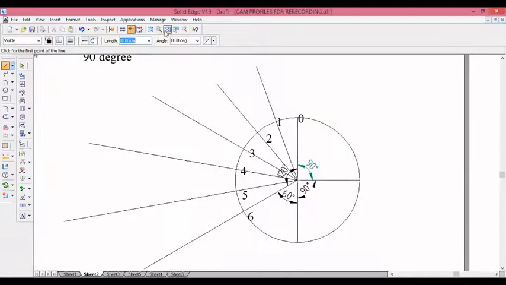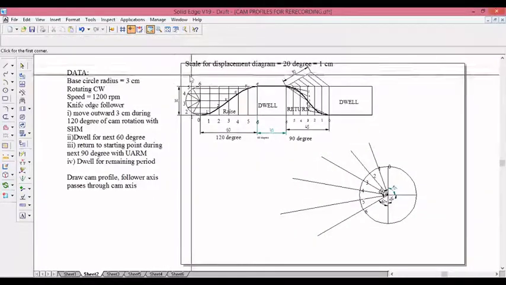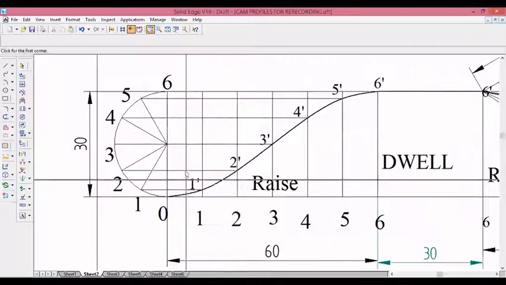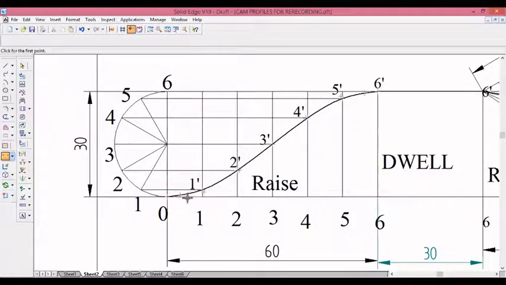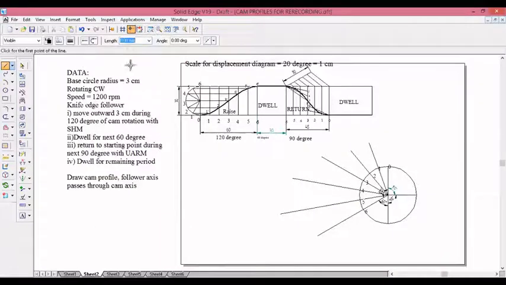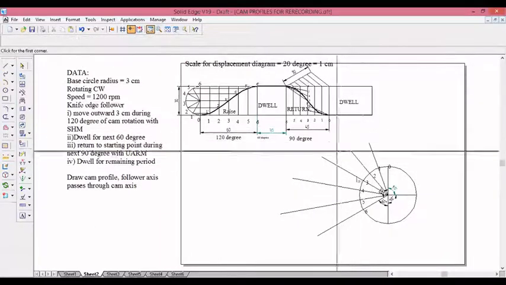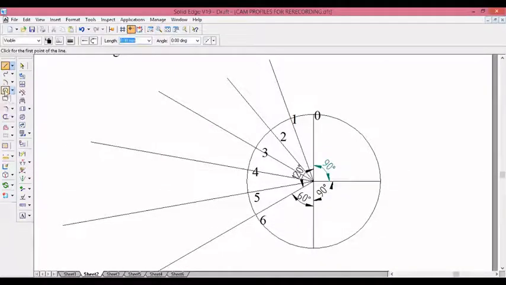Now we need to take the measurement from displacement diagram. We need to measure 1 to 1 dash. Keep compass leg at this 1 and touch the pencil to 1 dash. It's 2.01 that you need to transfer on the radial lines 1 to 1 dash using compass.